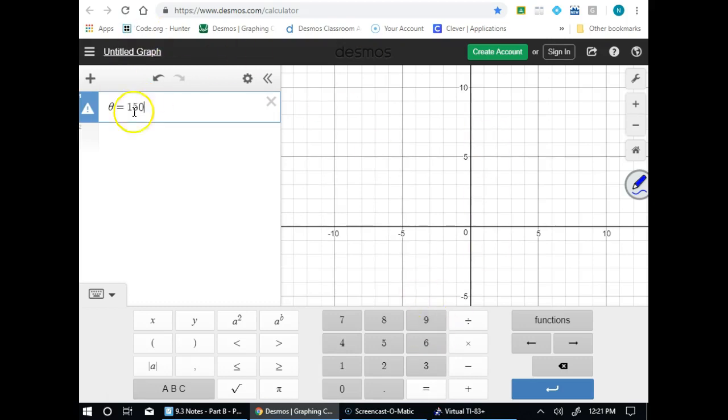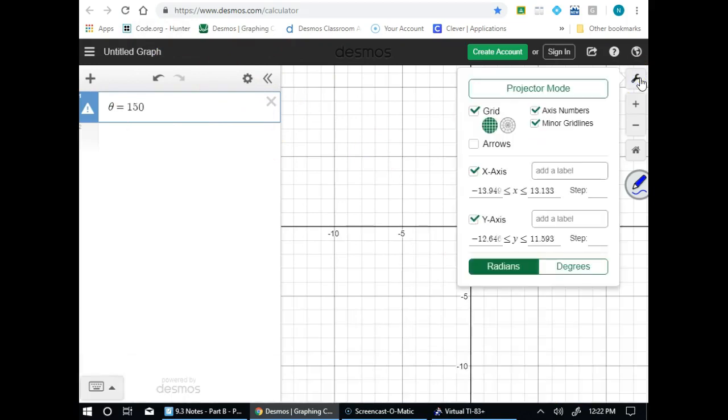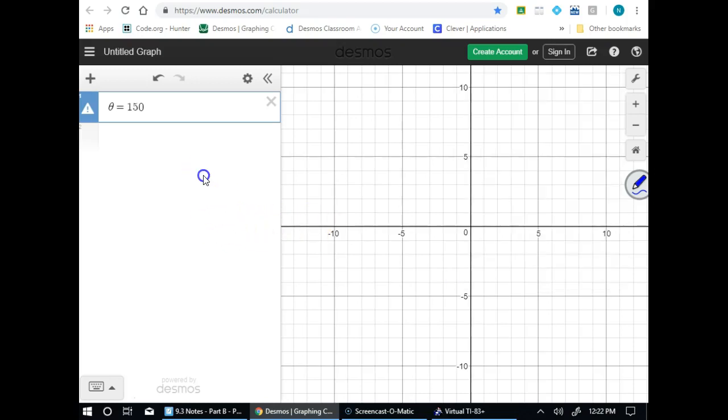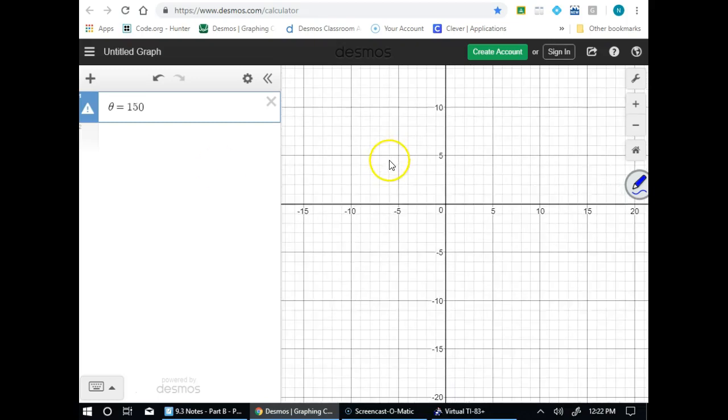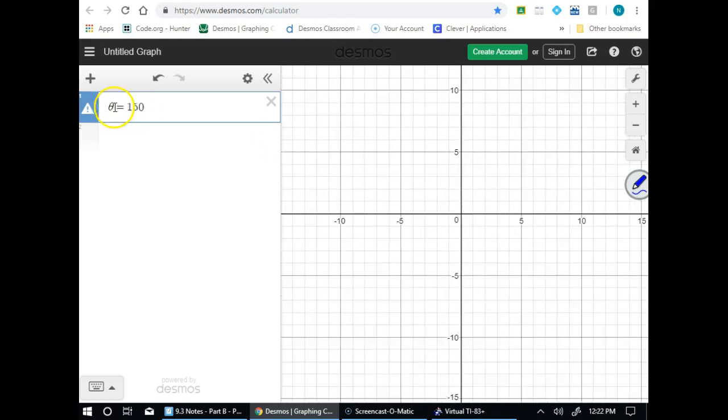And right now, nothing's showing up. But I think it's because if you click over here on the wrench, notice right here, radians is highlighted, so it thinks it's 150 radians. We want degrees. I thought it would graph these.